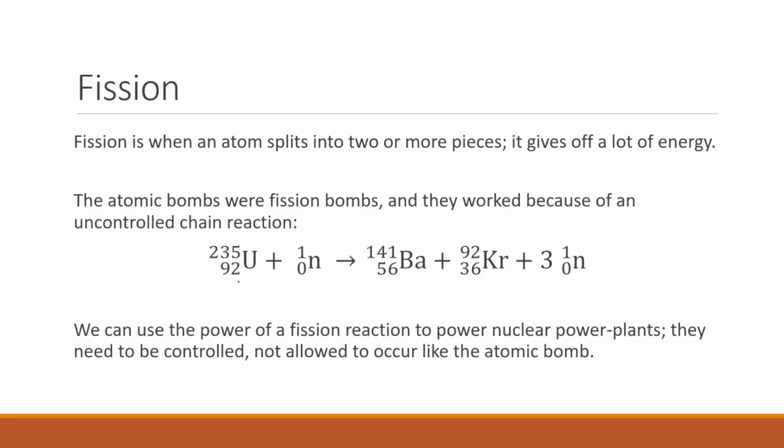Now, what does that look like? When we have uranium-235, and we hit it with a neutron, it causes that atom to split, to break apart into multiple pieces, and give off 3 more neutrons.